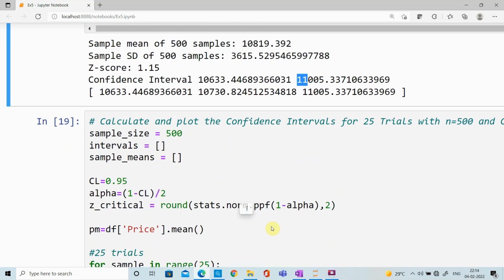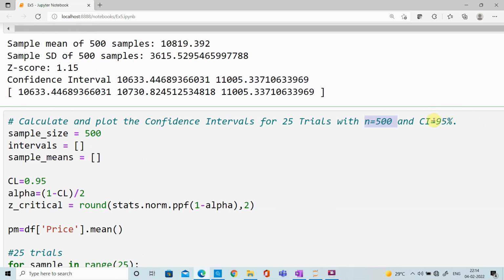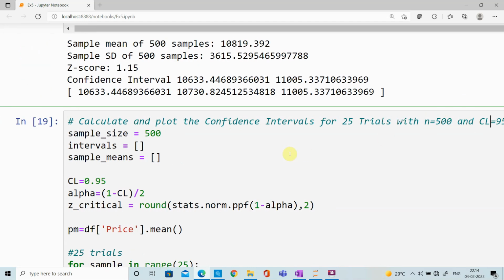And now what we are going to do is calculate the confidence interval for a sample of 500 elements, with a confidence level of 95%, and repeat the process.